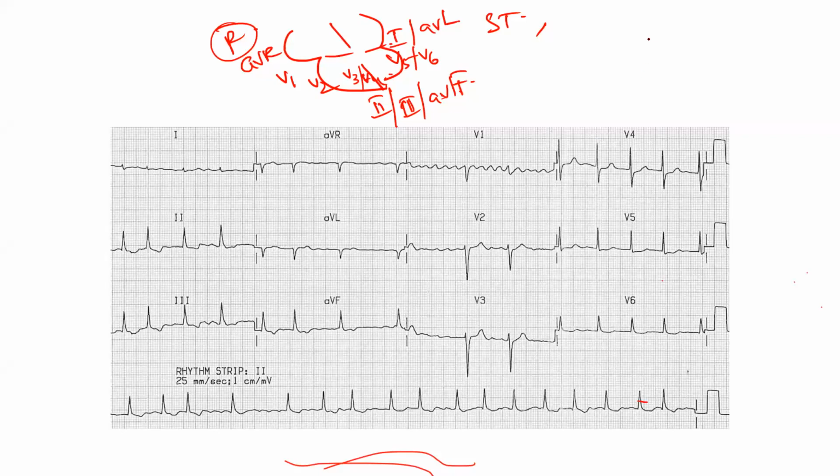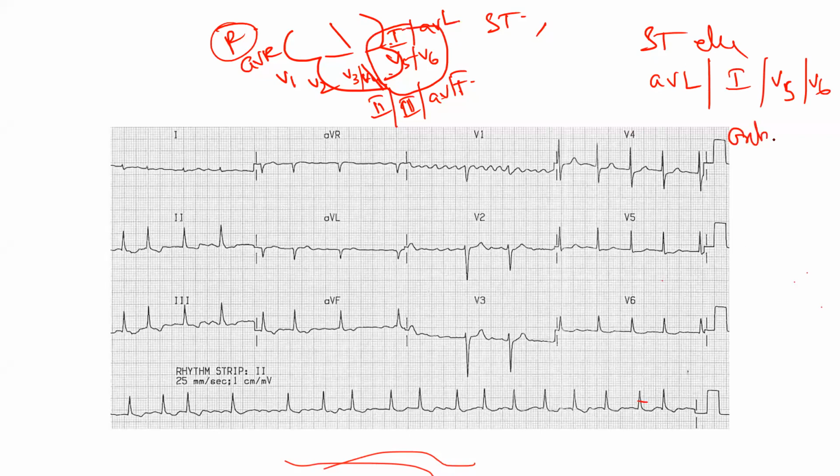Say for example, if there is ST elevation in AVL, lead 1, V5, V6, what does it mean? The entire left ventricle is getting affected. This is a typical picture of anterolateral MI. The lateral wall as well as the anterior part of the ventricle is affected.